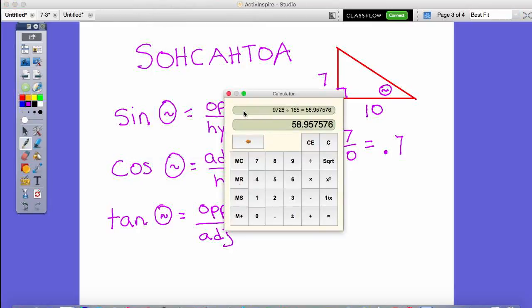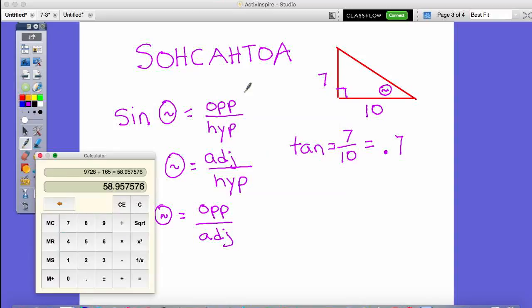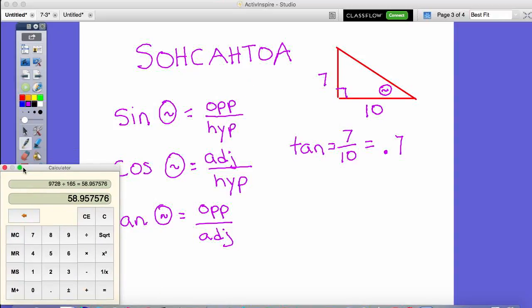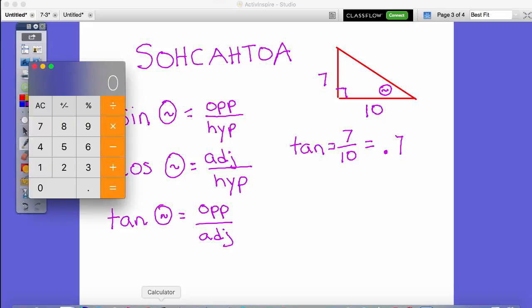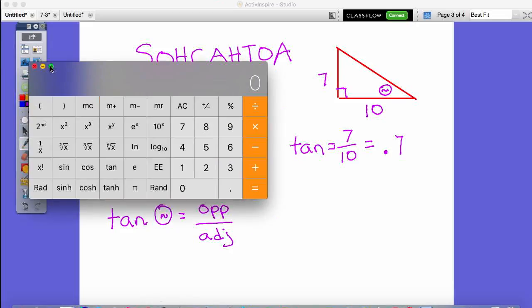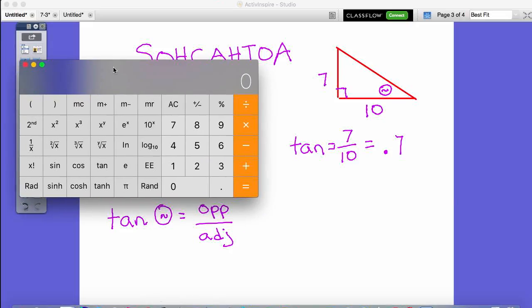Now I'm going to get, hopefully, a scientific calculator. I don't have a scientific calculator here, so I'm going to close that and use this calculator. I think it will give me a scientific calculator. Because I need, there we go, to be able to say my tangent ratio is 0.7, second, and I want tan. Now I know this says tan to the power of -1.